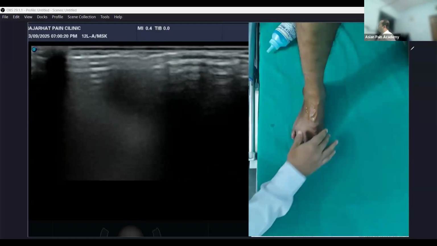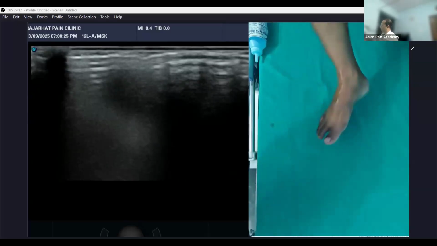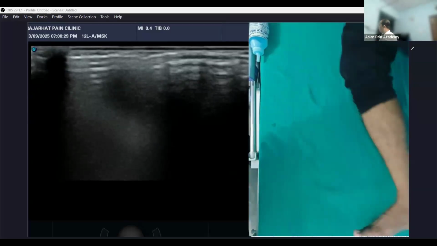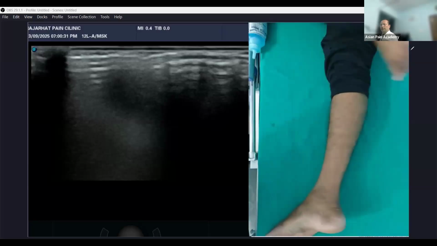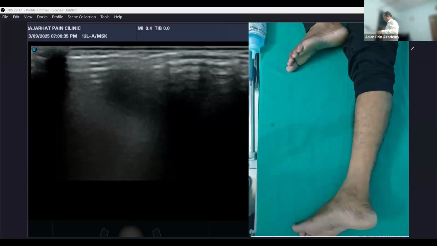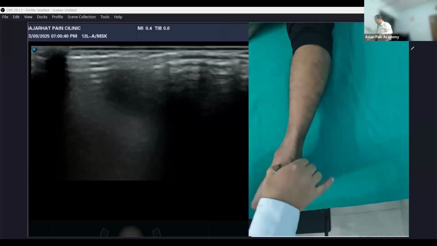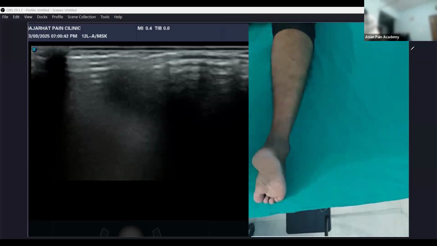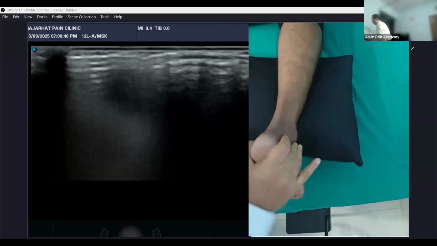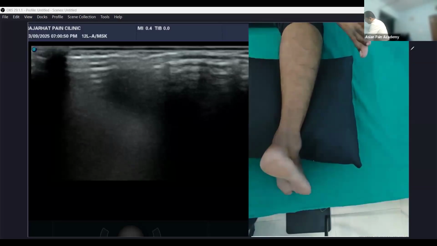So I show you the posterior side, the posterior joint recess. I'm showing you from the medial side.